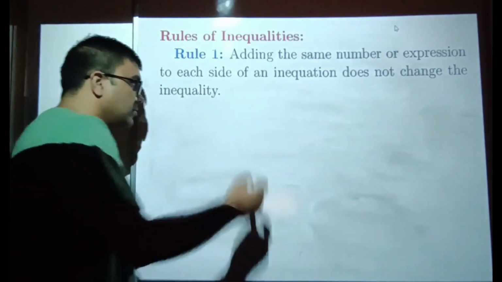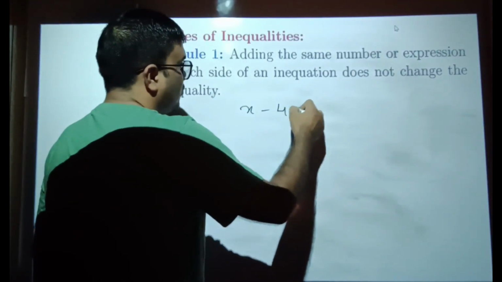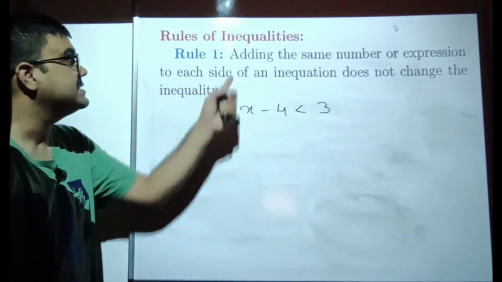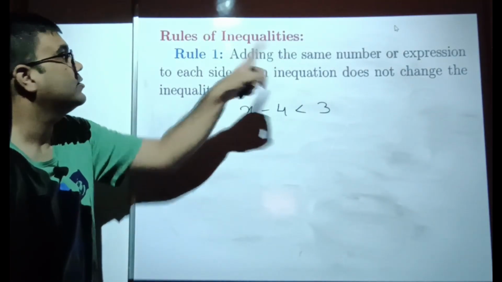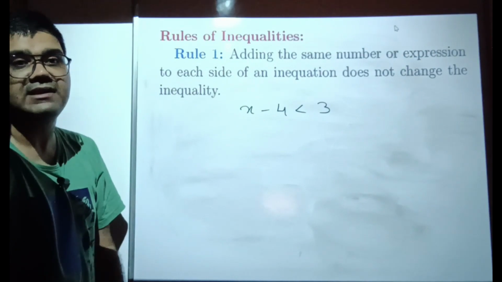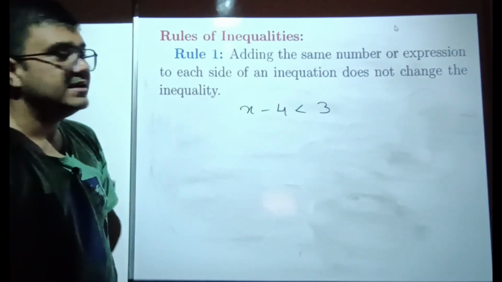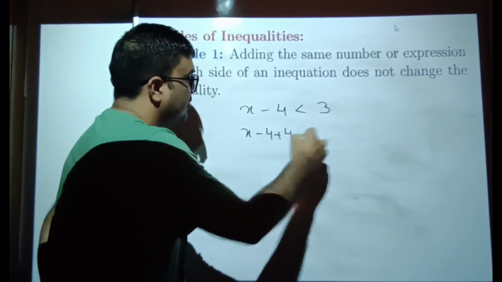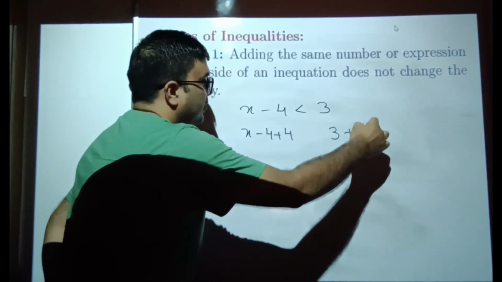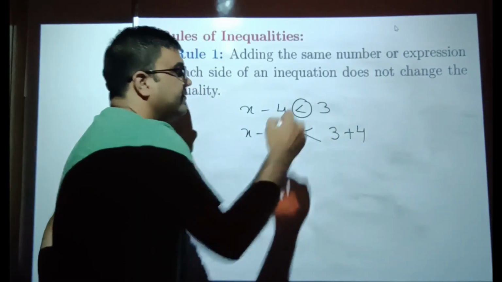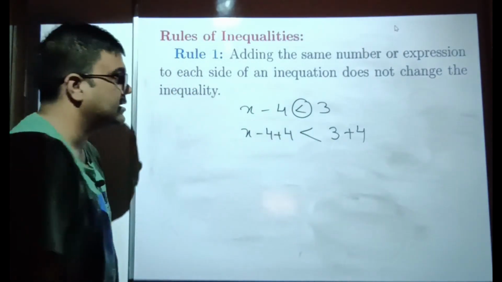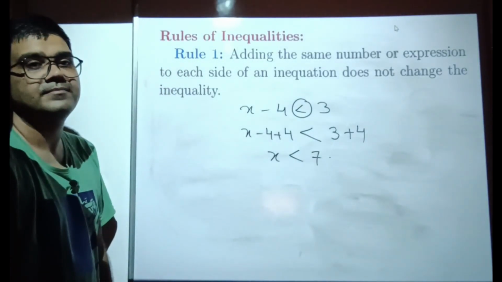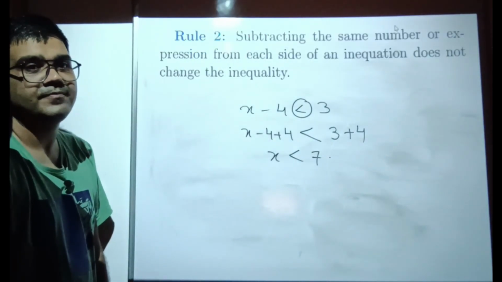If I am talking about x - 4 < 3 and I add 4 on both sides, this inequality will not change. The answer I will obtain is x < 7. This is our first rule.